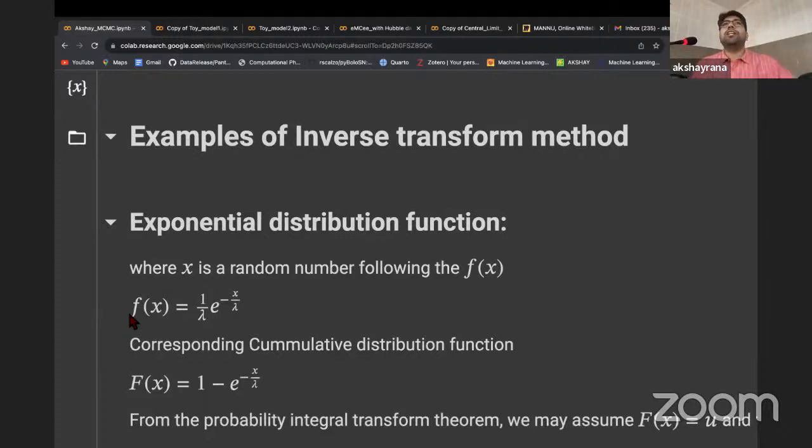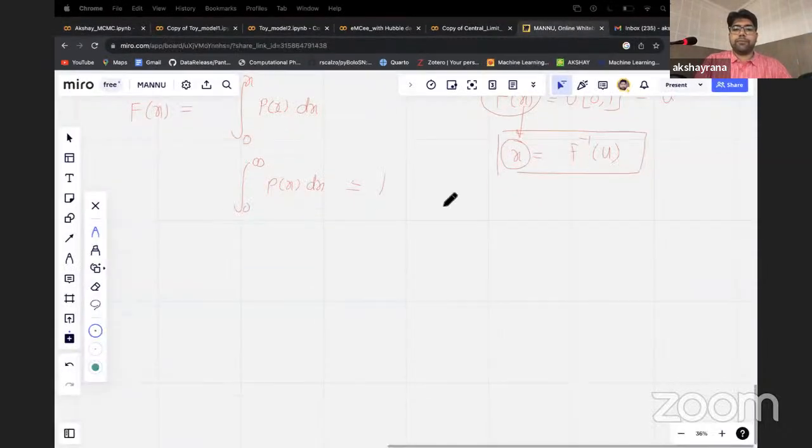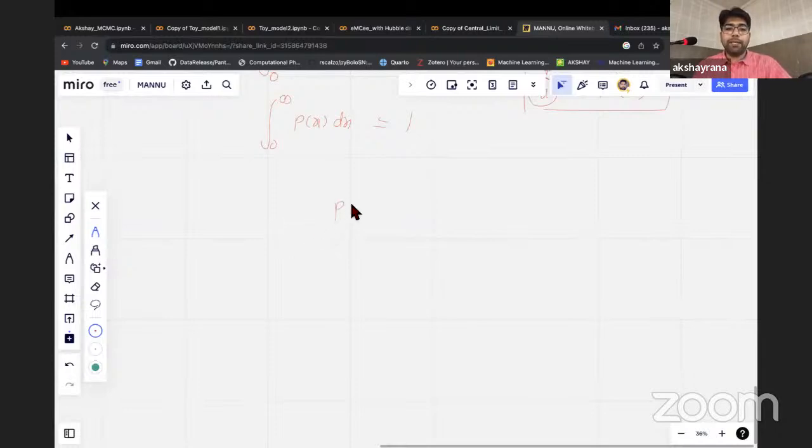What was the formula? You will integrate p(x) dx from 0 to x. This is the function. Just see, because you will be integrating it. So my p(x) is going to be 1/lambda e to the power minus x/lambda.